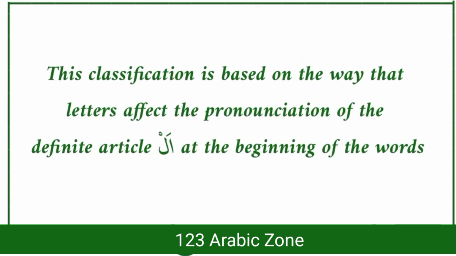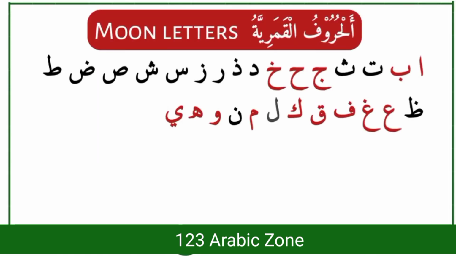This classification is based on the way the letters affect the pronunciation of the definite article al at the beginning of the words. The moon letters are alif, ba, jim, ha, kha, ain, ghain, fa, qaf, kaf, mim, ha, waw, ya.